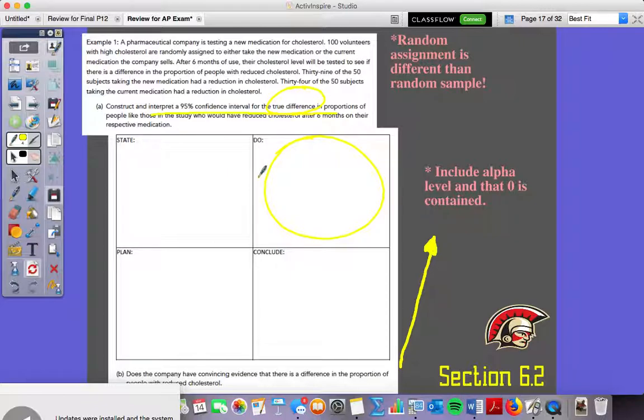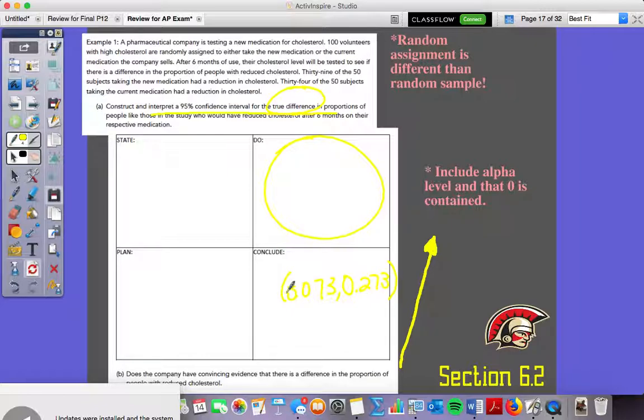This is really good. When we did this, it was between negative 0.073 and 0.273, right? Question: do we have convincing evidence to say that the medication does in fact reduce the cholesterol level, and why?